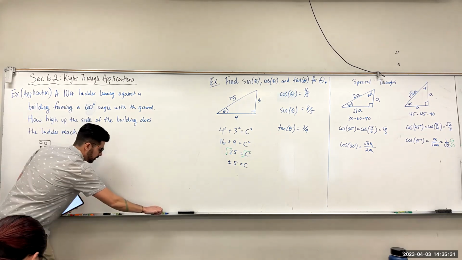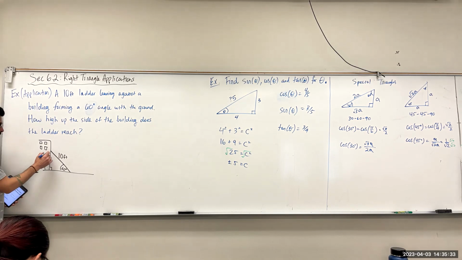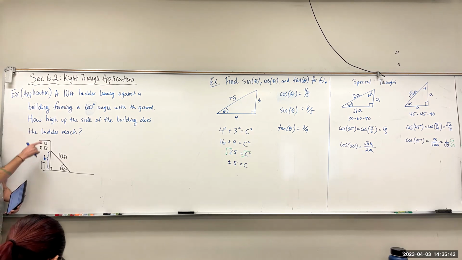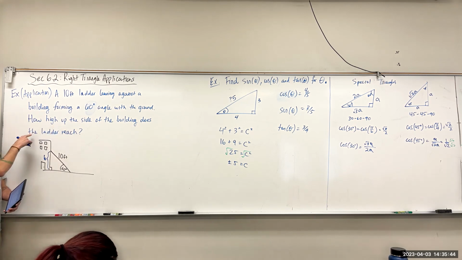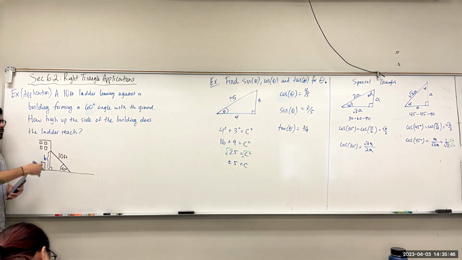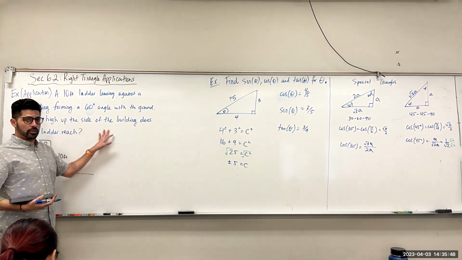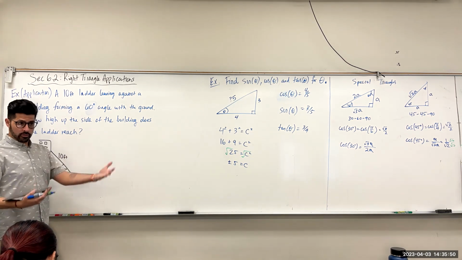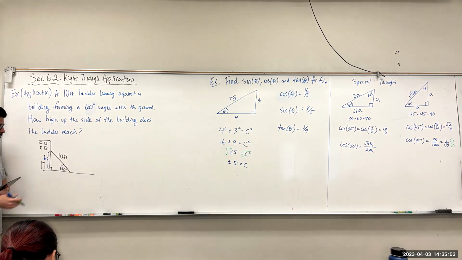How high it is. So that's what we don't know. Let's give that a variable. Let's call that B, because that's what we're being asked to find. Anytime there's a question asking you for an unknown, that's usually your variable.